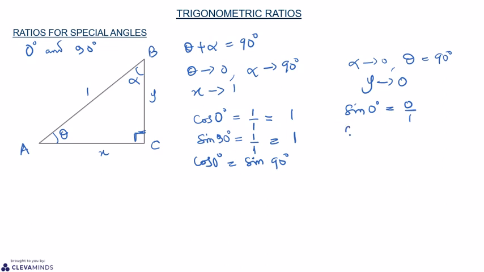So cos 90 degrees will also give you 0 over 1, which in turn gives you 0. Both of them give you 0. So that means sine 0 degrees equals cos 90 degrees. Do you understand?